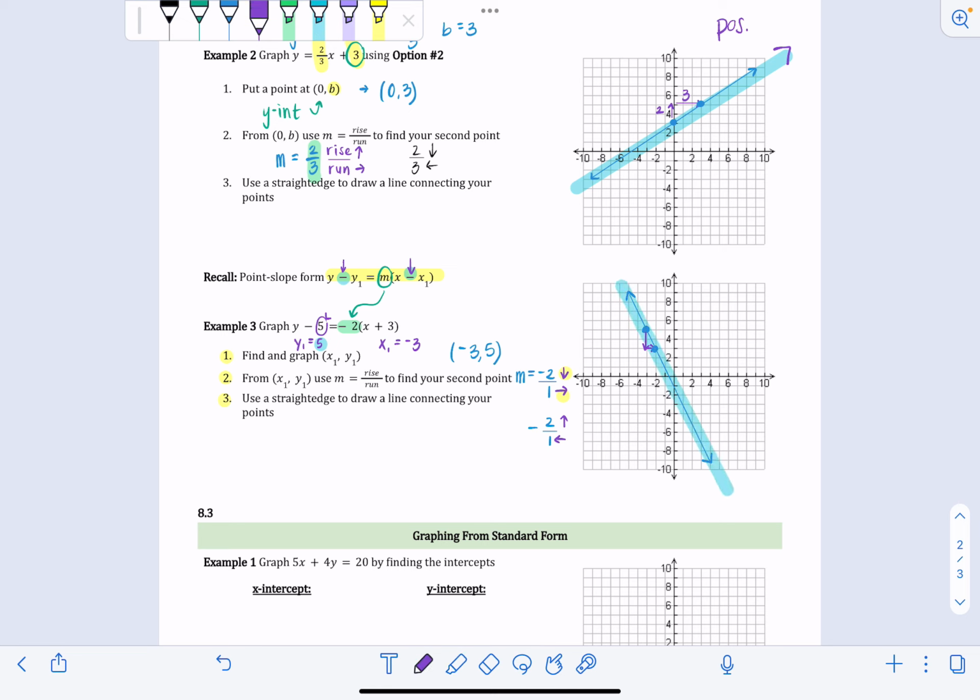We always read graphs like you read a book, left to right. So positive slope is going up and to the right, and negative slope is going down and to the right. That matches up with what we had from our equations. This had a positive slope, the graph was going up and right. This had a negative slope, the graph was going down and right. But it's always to the right that we're looking, because that's how we read.